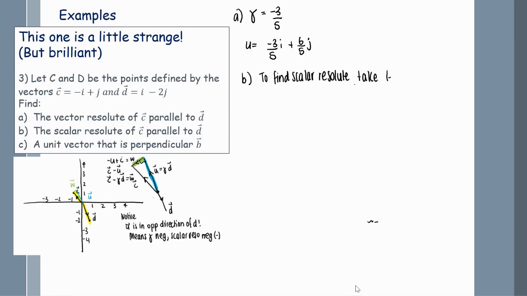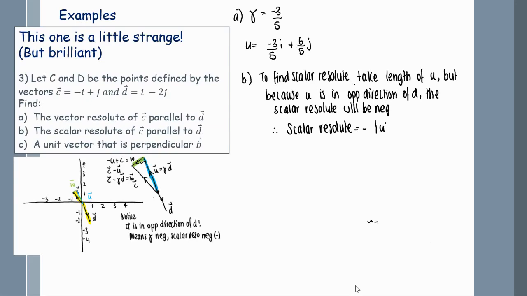Now, because U is in the opposite direction to D, we know our scalar resolute will be a negative times simply the length of U. Therefore, our scalar resolute is minus times the length of U, where we can find the length of U, that will be the square root of minus 3/5 squared plus 6/5 squared.